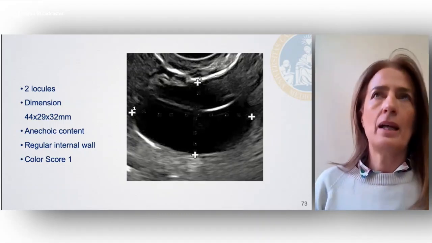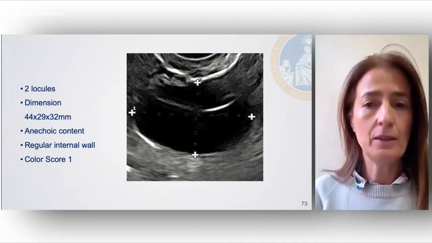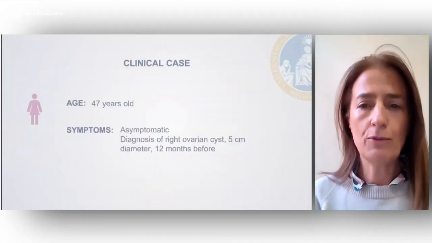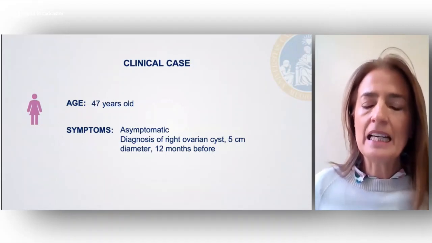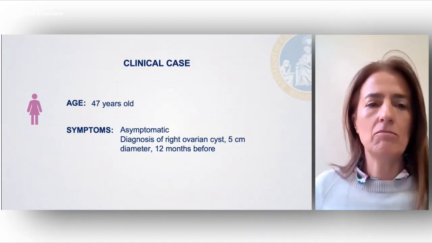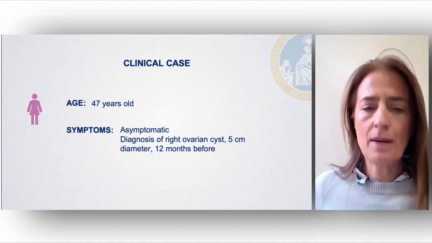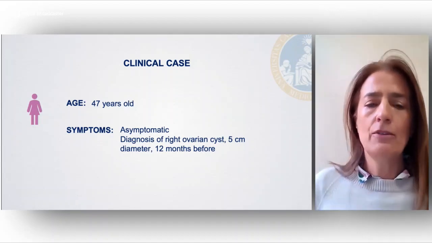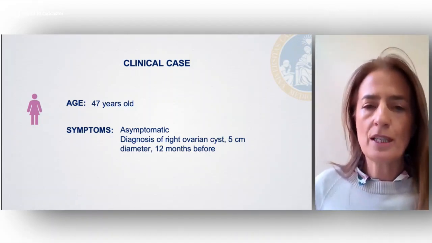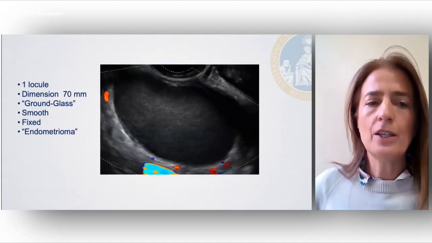We were at the beginning of the IOTA 5 protocol, so we offered the patient to be included in the study. Similarly, 47 years old, asymptomatic, a diagnosis again of a 5 centimeter lesion, known from the first diagnosis 12 months before.